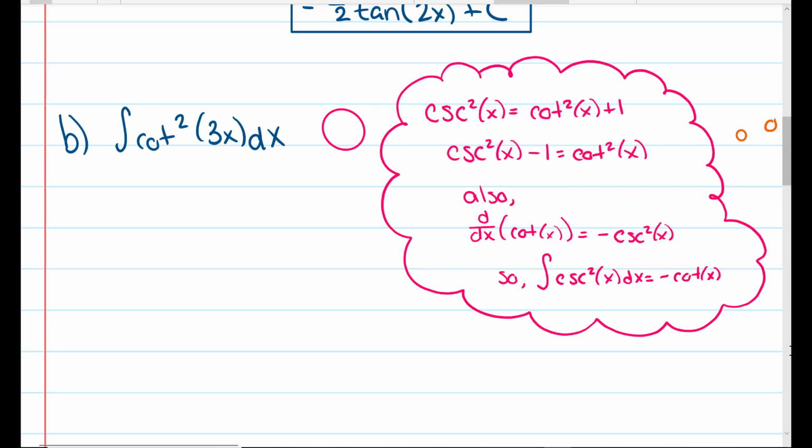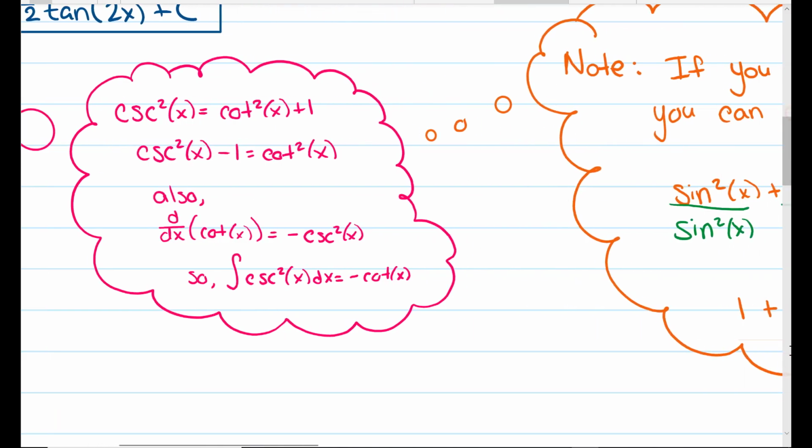But we do know that cosecant squared of x is equal to cotangent squared of x plus 1. And if we solve that out, we get cosecant squared minus 1 is equal to cotangent squared x. So we also know that the derivative of cotangent is negative cosecant squared. So we're going to use that in our integral.